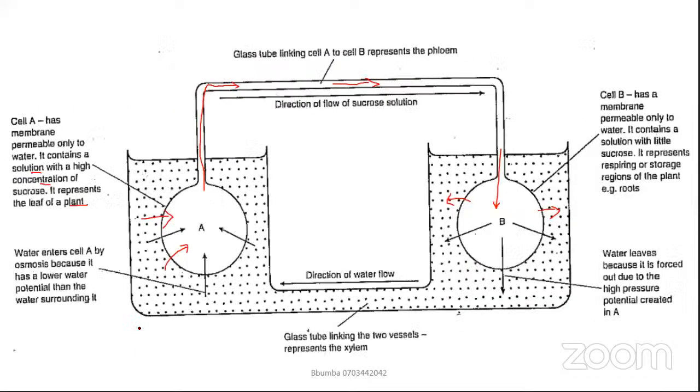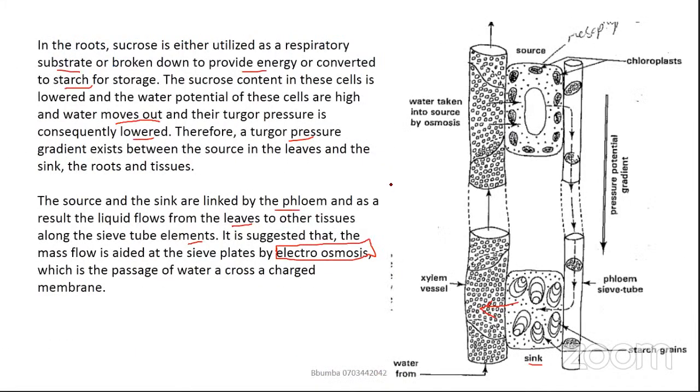Now, this is the picture which we are talking about. If you can now relate, this is the xylem, and this is the phloem. And these are the photosynthetic cells that make the food, or the sugars.